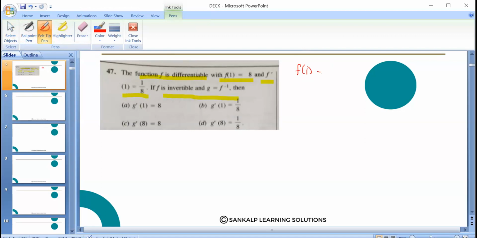Because f of 1 is 8, G is inverse of f, G of 8 will be 1. We also know that f dash of 1 is 1 by 8.